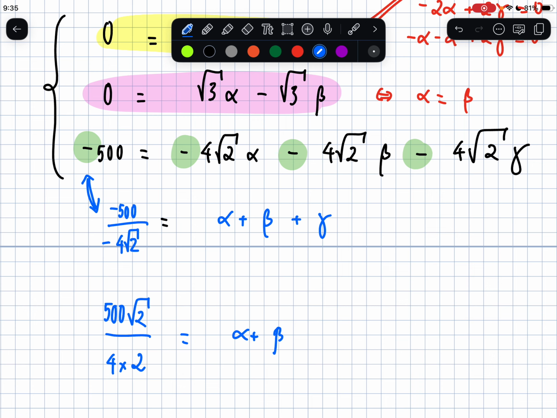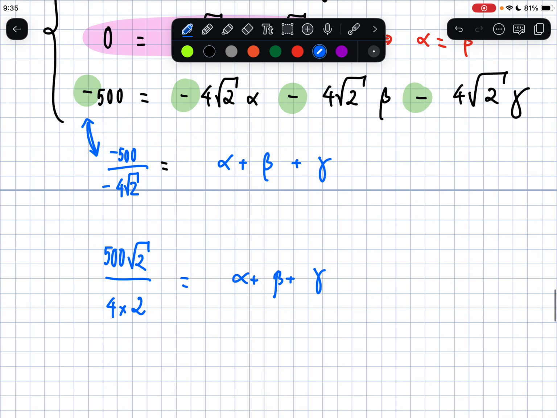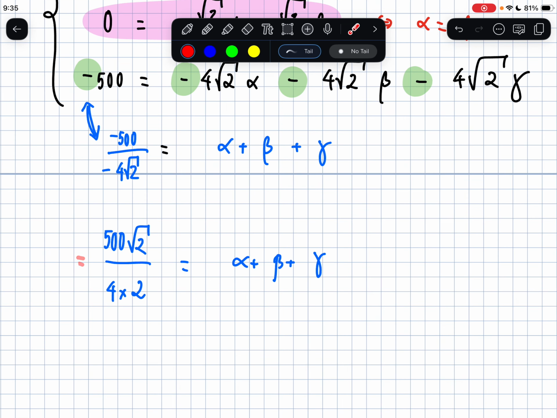Alpha, beta, gamma. You can use calculators, but if we want to do it by hand, that's how I do it. So 500 divided by 2 first, so 250. You still have 4 root 2.